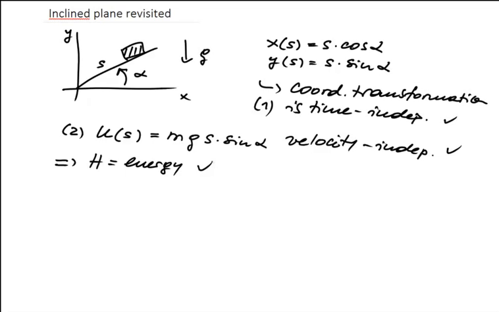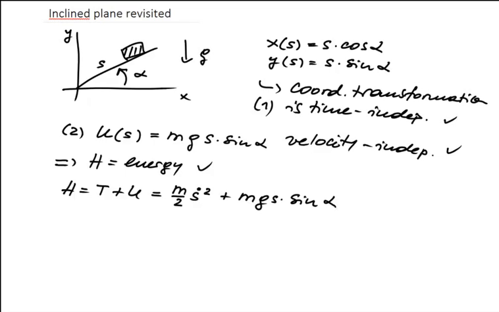Let's now calculate the Hamilton function. Knowing that it equals the total mechanical energy, we can simply write the Hamilton function as kinetic energy plus potential energy. For both kinetic and potential energy, we already have a formula, and we can simply insert the known results.